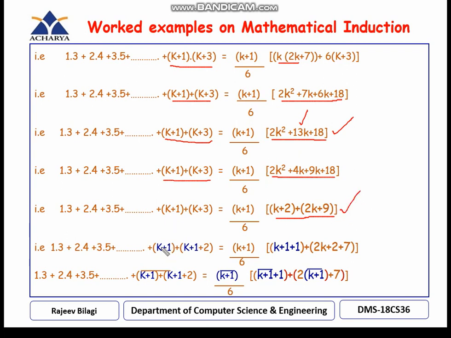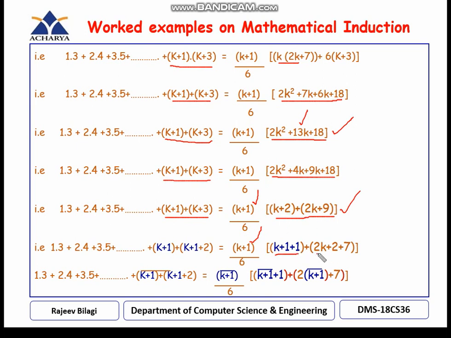Now if you look here, wherever I have k plus 1, that means now here also instead of k I should get k plus 1. Okay, so already I got k plus 1 here. Now this k plus 2 I can write as k plus 1 plus 1.